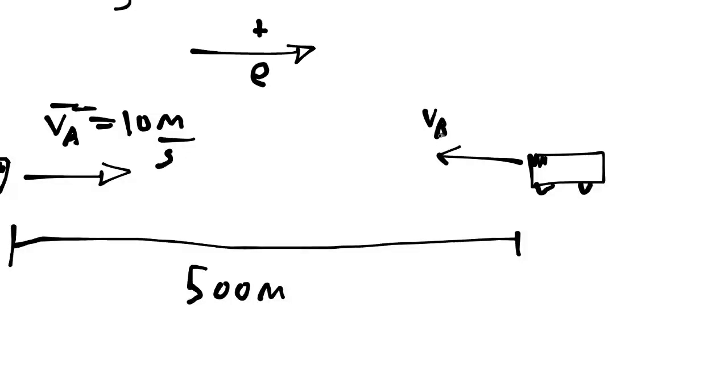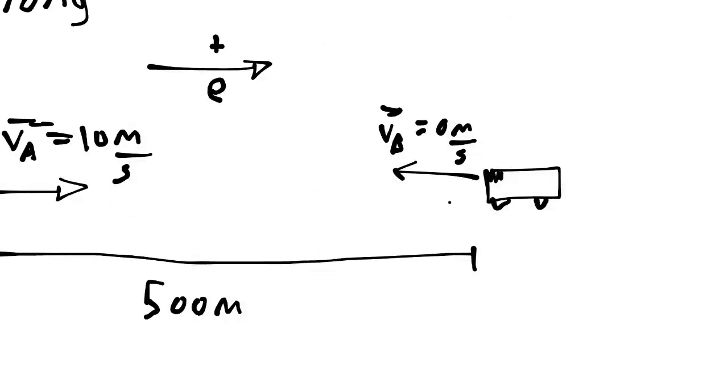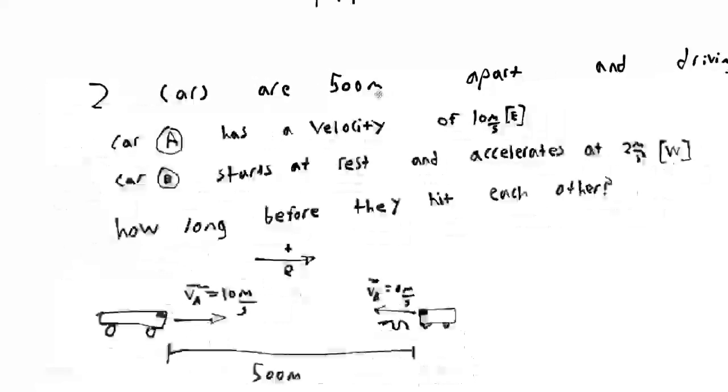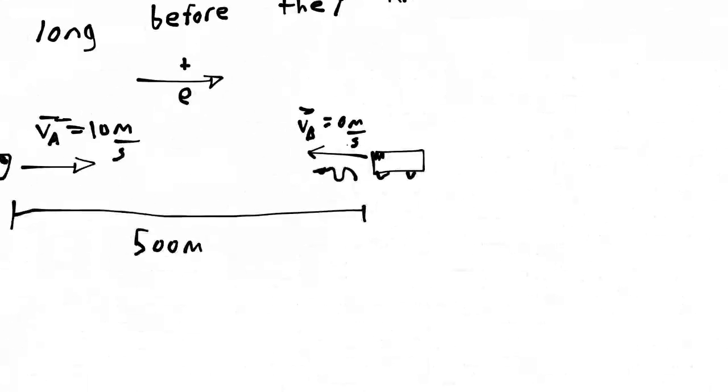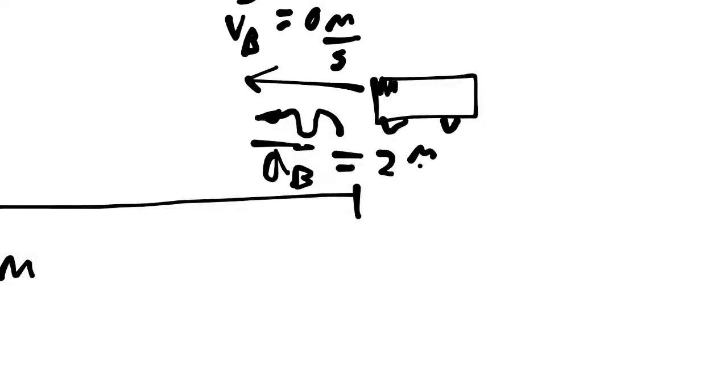So velocity B is equal to 0 meters a second. But it does have an acceleration. So it is an acceleration of, what is it, 2 meters a second squared? Yeah, so 2 meters a second squared. Acceleration for B equals 2 meters a second squared.